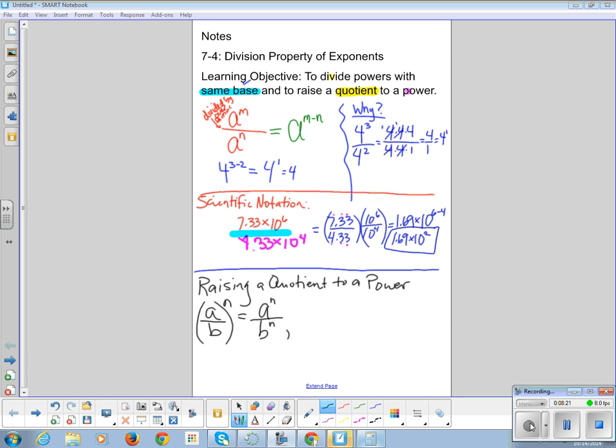All right. So if I'm going to simplify 3x squared over 5y squared, raised to the negative 4 power. Using the quotient property, this is 3x squared to the negative 4 power. The bottom is 5y squared to the negative 4 power.